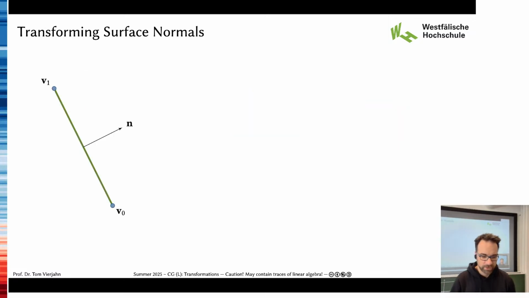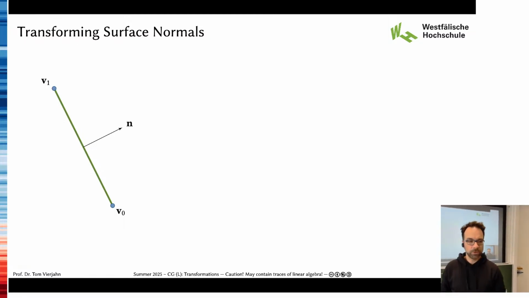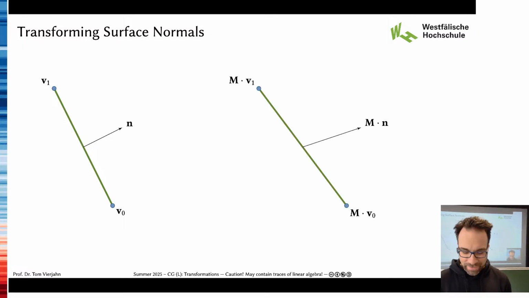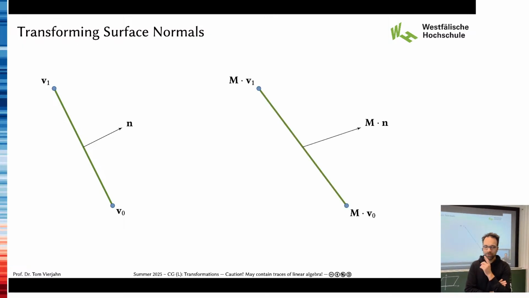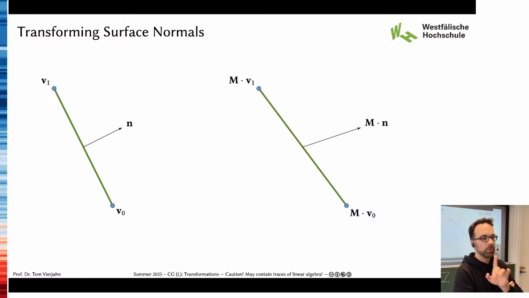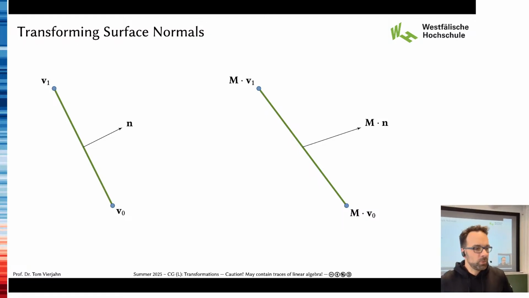So, looking from the side, you take your triangle with the normal, and, for example, scale the triangle and the normal, and try to scale the normal with the same matrix. And this should be a scaling by a factor of 2 in the x direction. And y and z were scaled by a factor of 1.